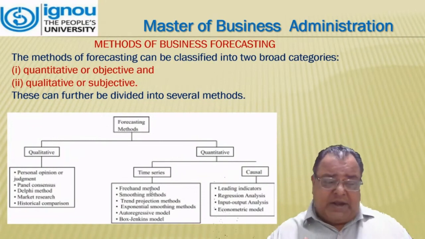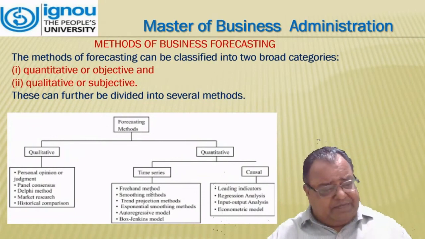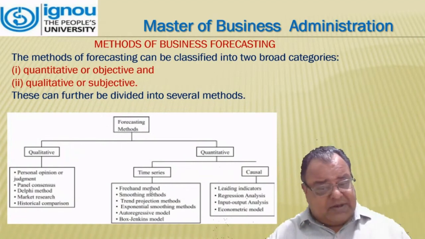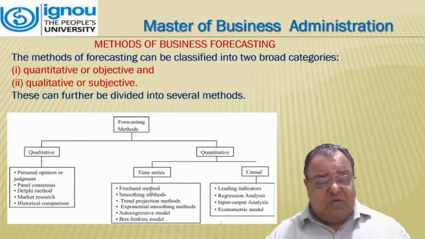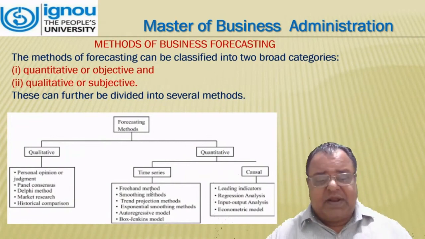If we talk about qualitative, that includes personal opinion or judgments, panel consensus, Delphi method, market research, and historical comparison. And if we talk in terms of quantitative, it has two branches. First one is time series, and the second one is causal.